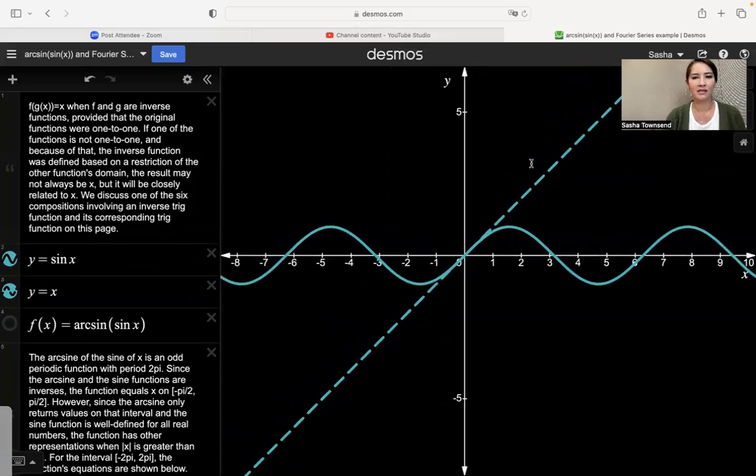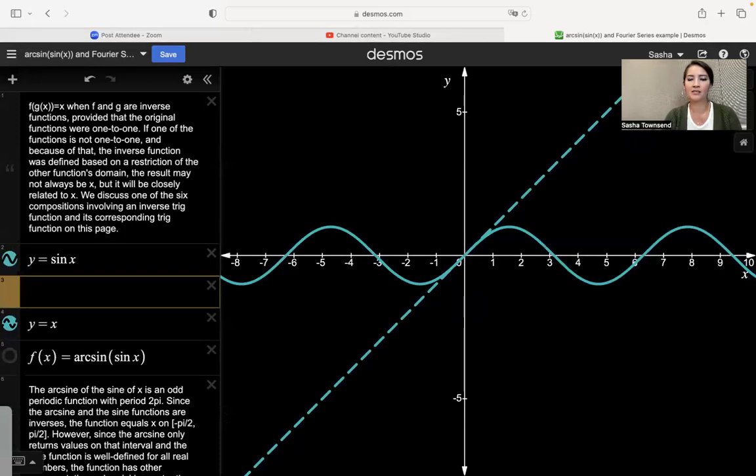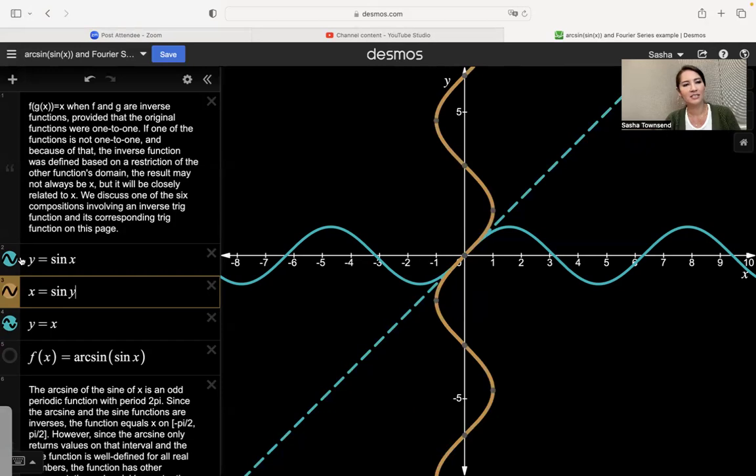So if this is y equals sine of x, if I don't worry about the desire to have an inverse function, but if I'm comfortable with an inverse relation, I can just switch x and y. Instead of having y equals sine of x, I can have x equals sine of y. And we get that graph. So we can imagine just taking that sine graph, and instead of graphing it along the x-axis, we graph it along the y-axis.